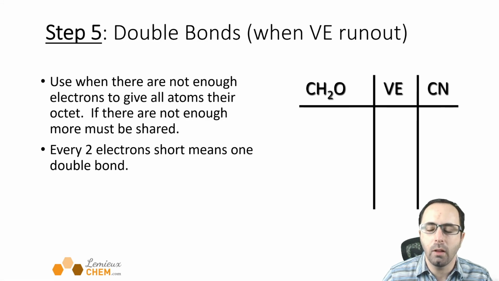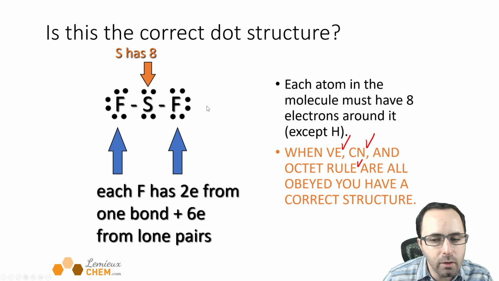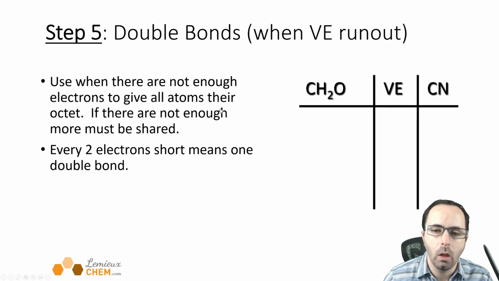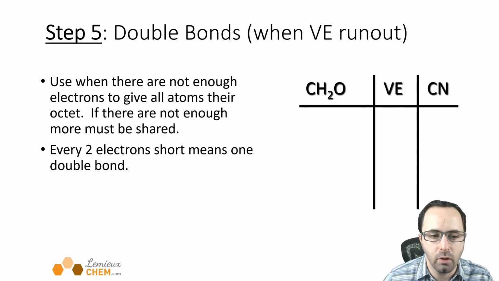So in our last example, we had 20 valence electrons available, and between the bonds and the lone pairs, we put 20 down. We had exactly enough to give everyone an octet. But for step 5, we will apply this when we don't have enough electrons to go around.